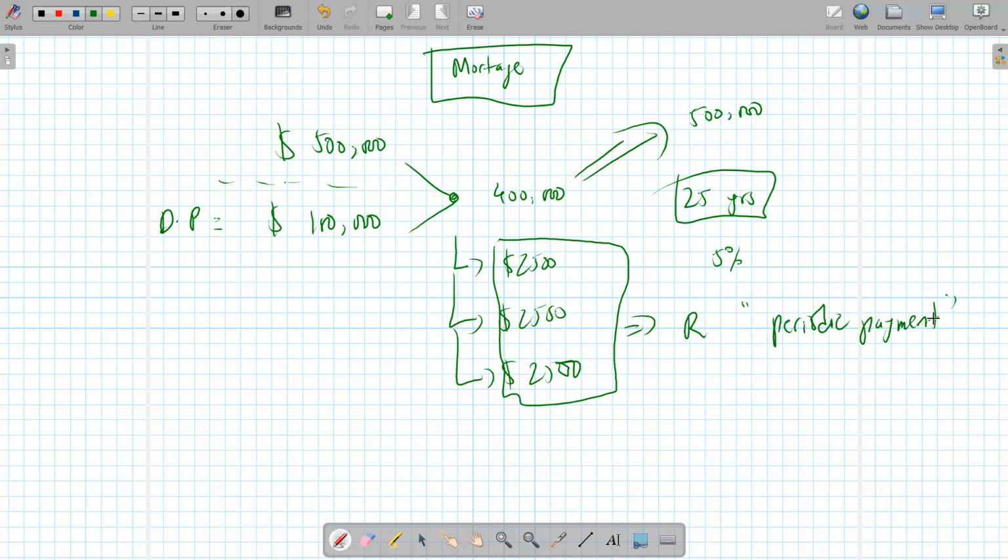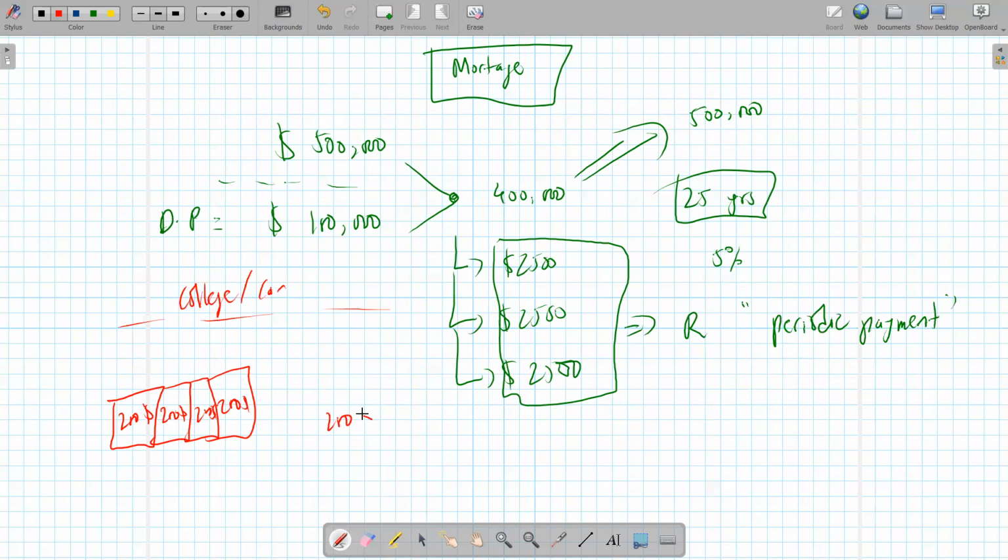Another example of annuities is you can also go the other way around, like the example that we first saw. You don't have to buy a house. What if you're trying to save up for college, car, whatever? From, I don't know, 16, 18, you start putting $200 from your paycheck into a bank account every month. You'll get paid interest. So let's say you put in $200 every month for a year.